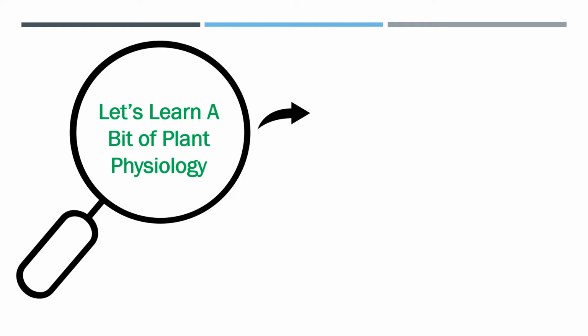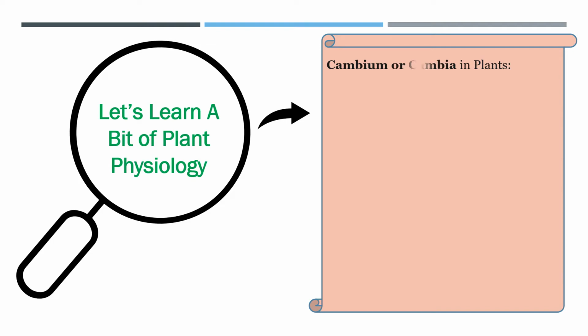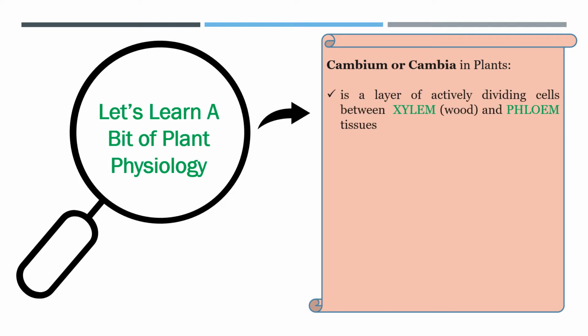So let's learn a bit of plant physiology. What is cambium or cambia in plants? This is a layer of actively dividing cells between the xylem or the wood and the phloem tissues.